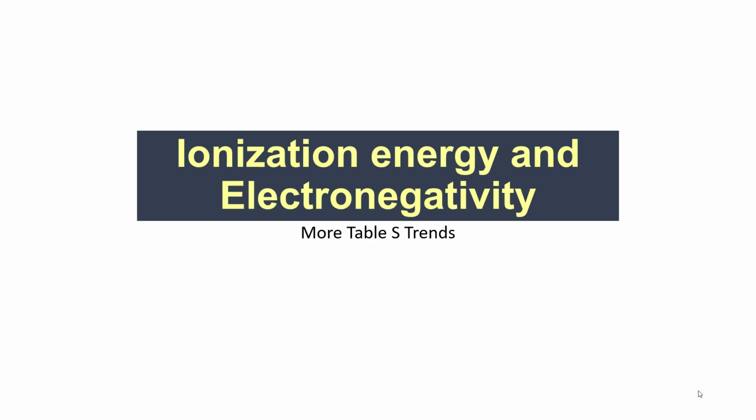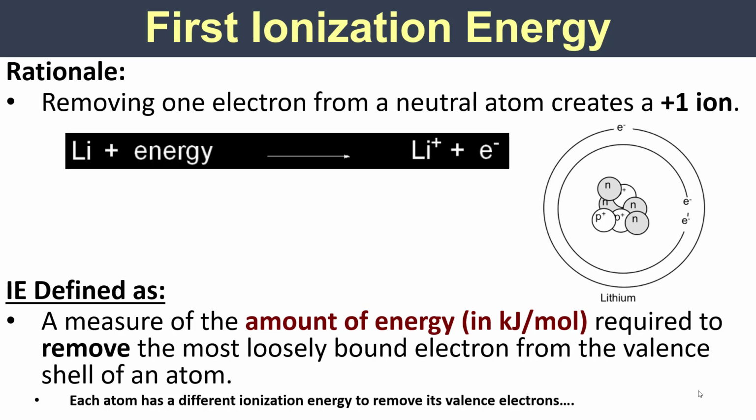Let's move on and start to talk about ionization energy and electronegativity. Let's do ionization energy first. The rationale of ionization energy lies in the fact that when you remove an electron from a neutral atom, you create an ion. And this we know, taking one electron away makes a +1 ion. But as you can see here in this equation, it requires energy to remove that electron.